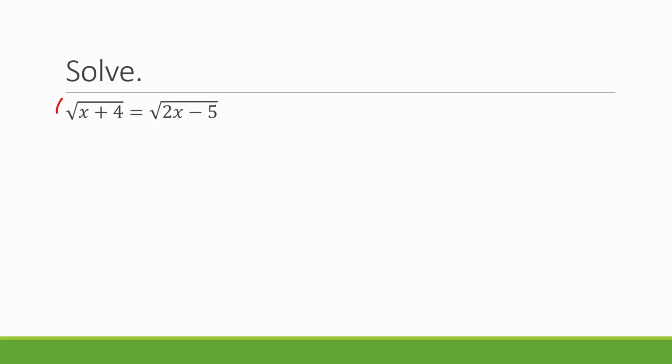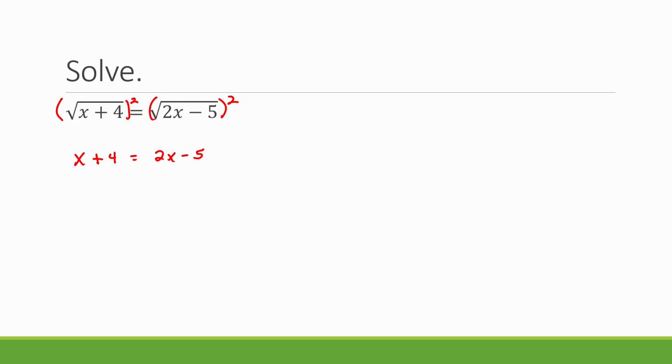We can clear those radicals. So the square root and the exponent square will cancel each other out on each side. So we'll have x plus 4 equals 2x minus 5.